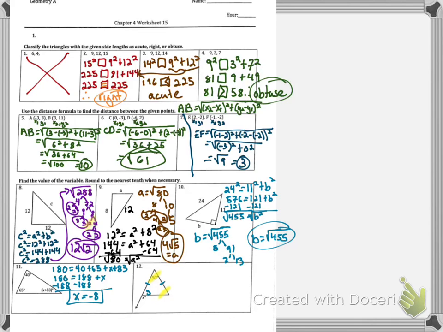So that means that these each have a value of y, or any variable you chose. So we know that 2y plus 50 equals 180. I subtract over 50. I get 2y equals 130. I divide by 2. y equals 65 degrees.